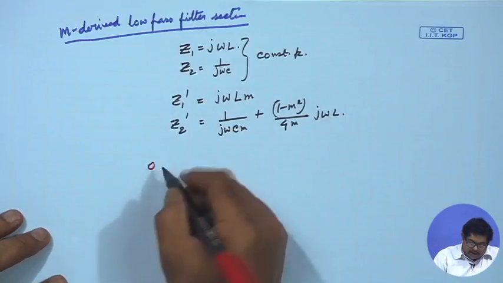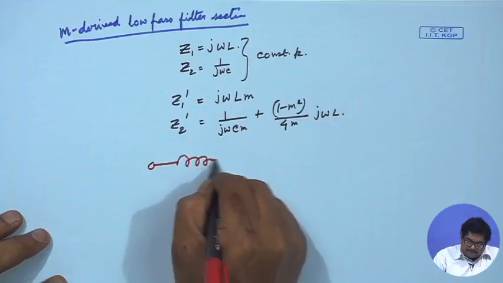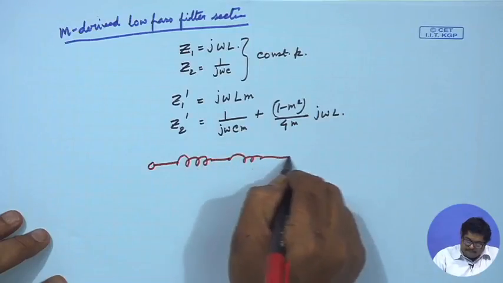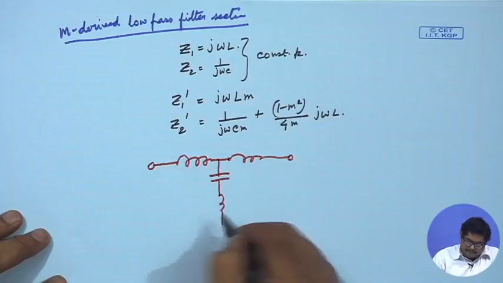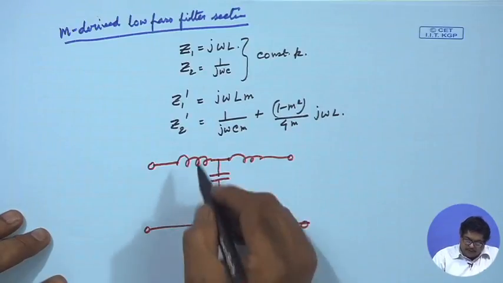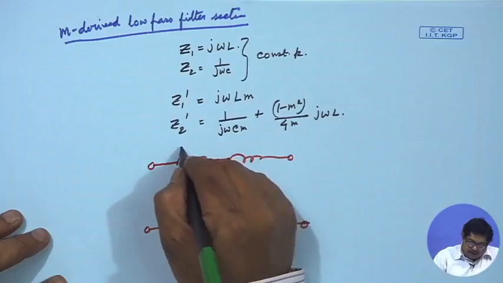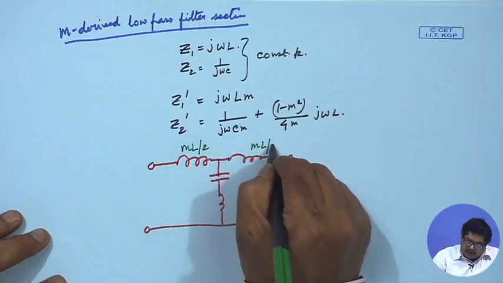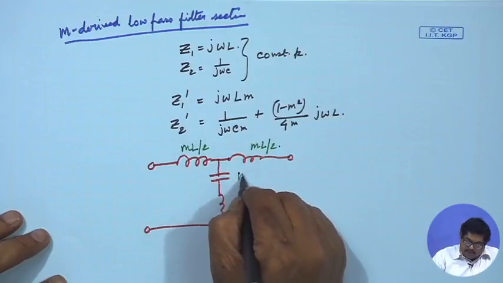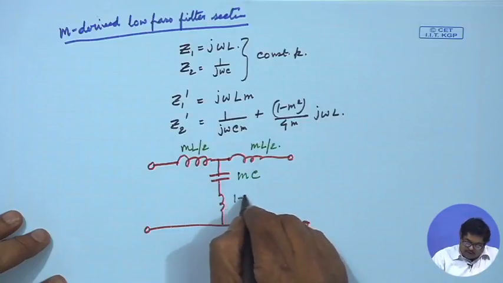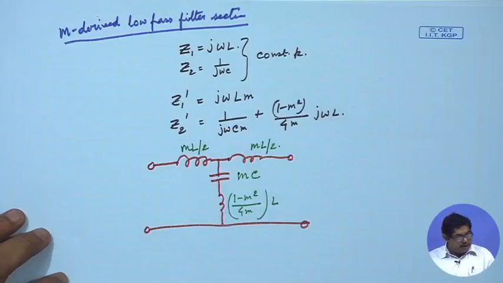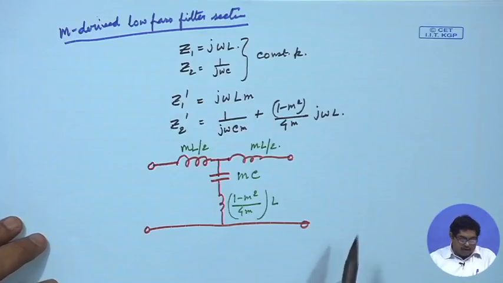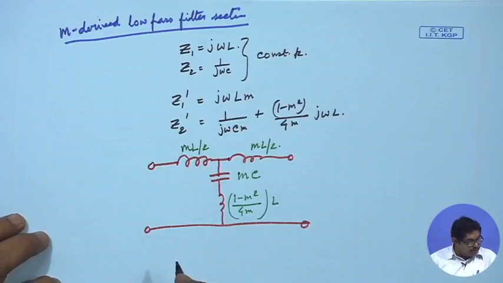It will look like this: this will be mL by 2, this will also be mL by 2, this will be m times C, and this will be (1 minus m square) by 4m times L. So, this is an m-derived section. So, find out, as I said, what is the propagation factor.